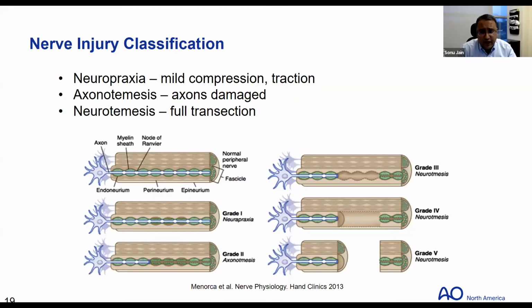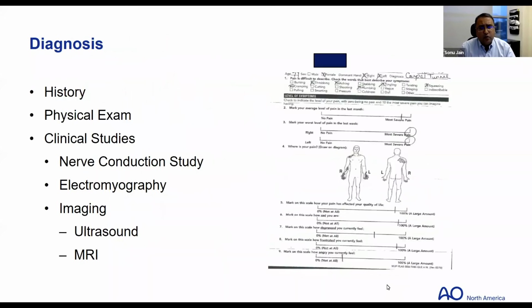This is a similar slide, just showing it more in a cartoon type fashion, so it's more visually appealing. So you can see the actual injury here with the neurotmesis and the axonotmesis in the nerves themselves. So what you want to do is obtain a history, physical examination, obtain clinical studies, which include your nerve conduction study, your EMG, and you may get imaging such as ultrasound or an MRI for this.